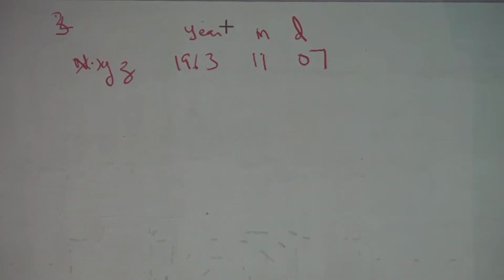Mike is there. So X, Y, Z, name of the person. Then, as usual, age. 11, 7. This is the month, this is the day, and this is the year.